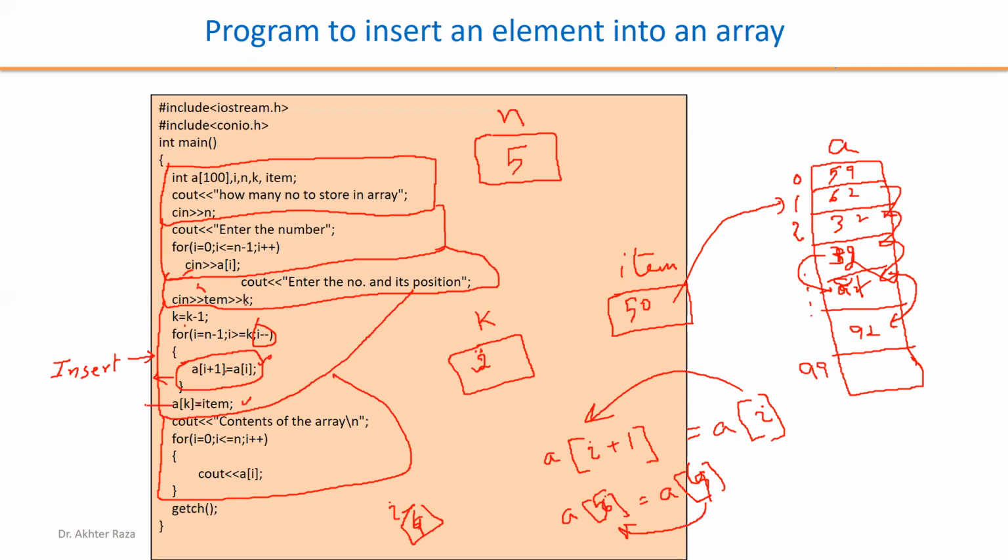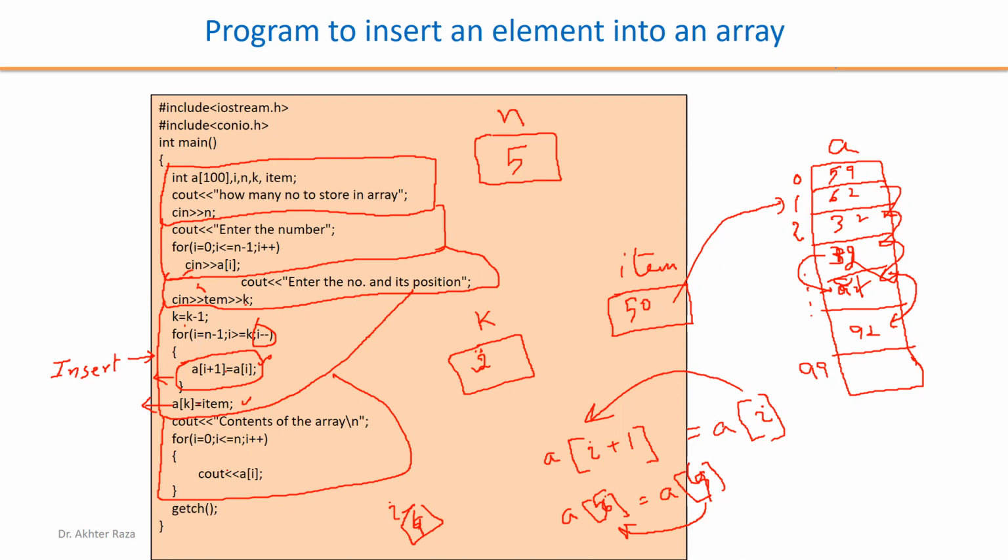So what will this line do? This line will store the value of item into the second position. So this is actually the insertion algorithm. These are the elements which are needed before insertion, and this is the array we need after insertion to verify whether the insertion took place successfully or not.